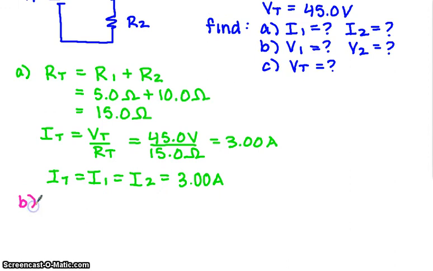Once we have the individual currents, we can easily find the individual voltages or the voltage drops. V equals IR, so if you're trying to find V1, you use I1 times R1, which would be 3 amps times 5 ohms.